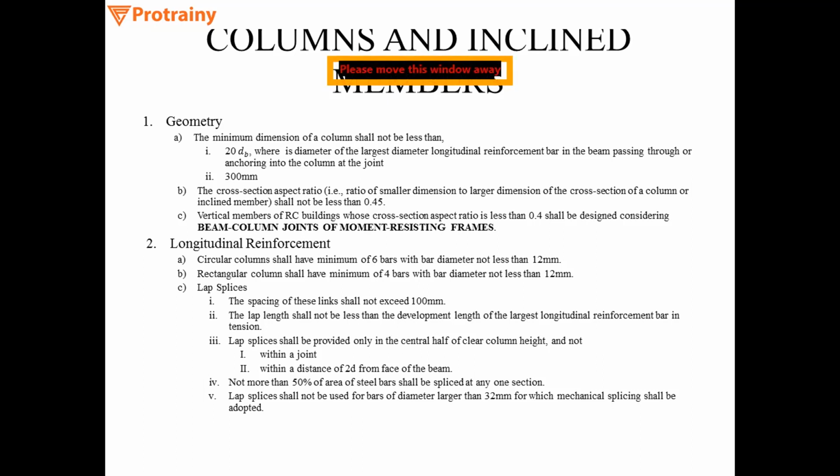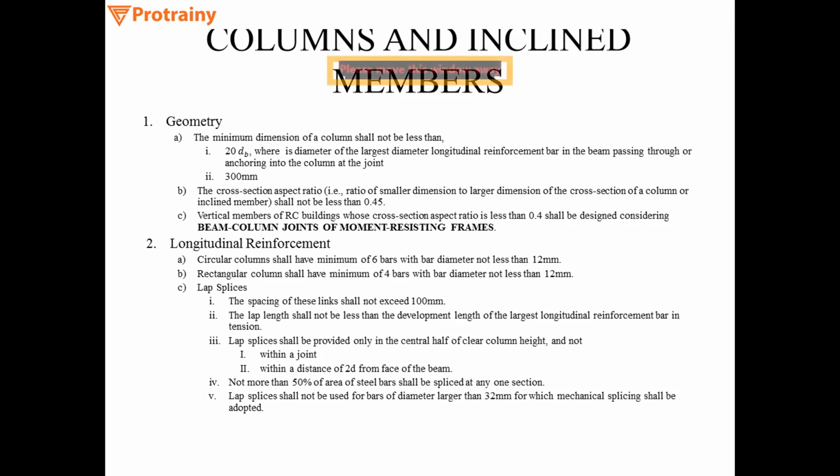So please keep in mind, if you are a designer or go to any site, if the column's aspect ratio is less than 0.45 or 0.4, that should be considered as a wall, not as a column.